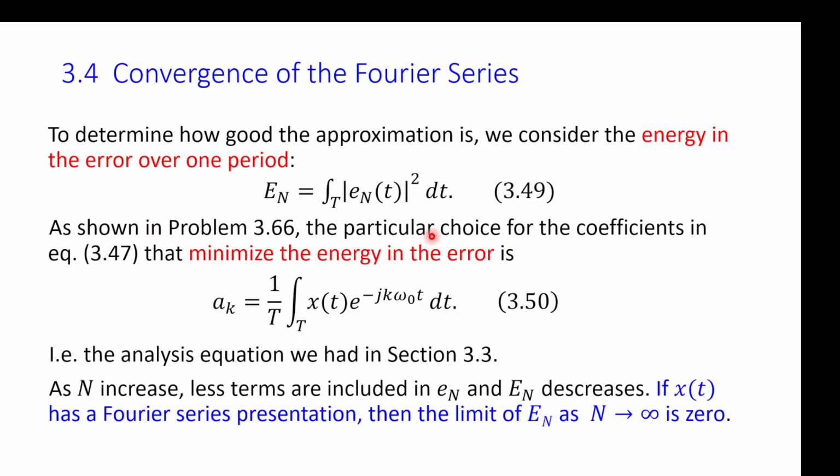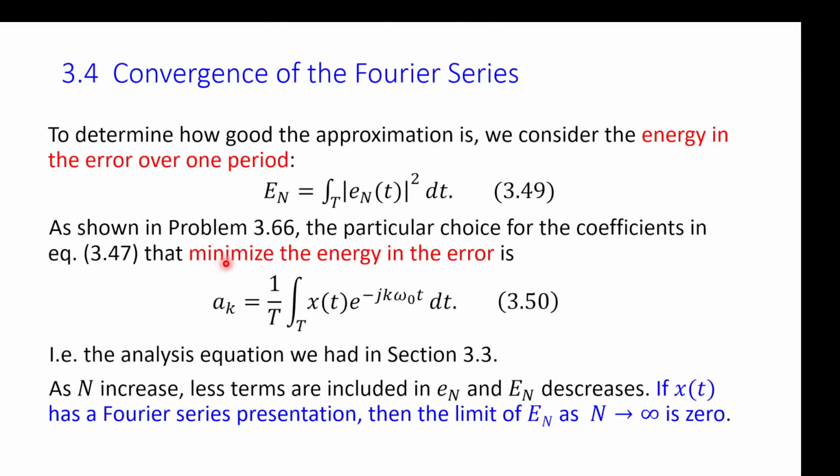The justification for this is that you can check that if you want to make this thing as small as possible, then you need to pick a k equal to this expression, which is exactly the analysis equation. So this justifies picking this E N as our measure of error, because that means our Fourier coefficient choice is pretty good.